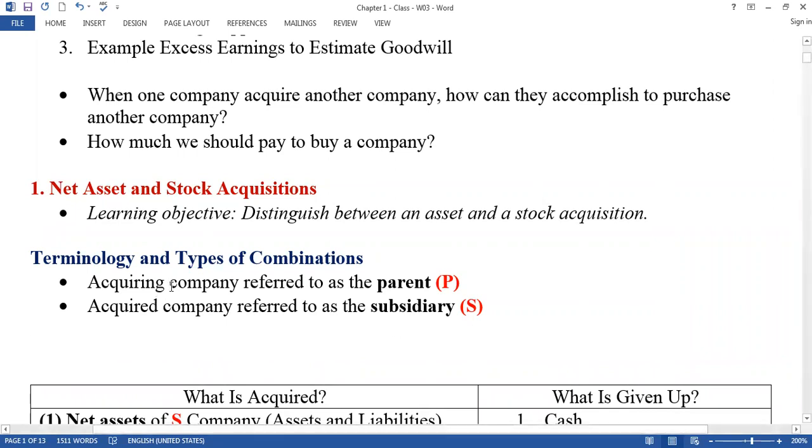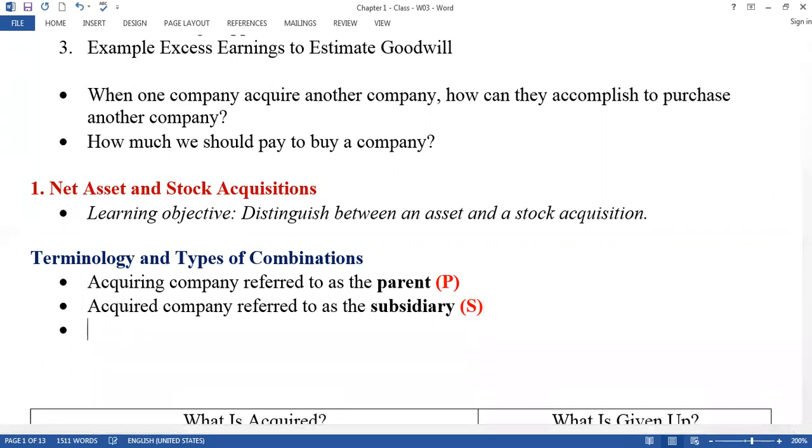So, for example, Kane University acquired Onjo Kane University.